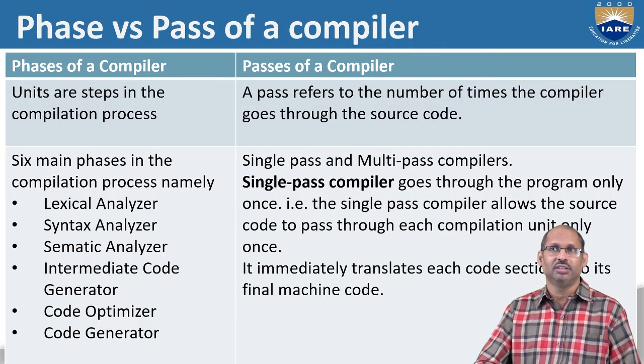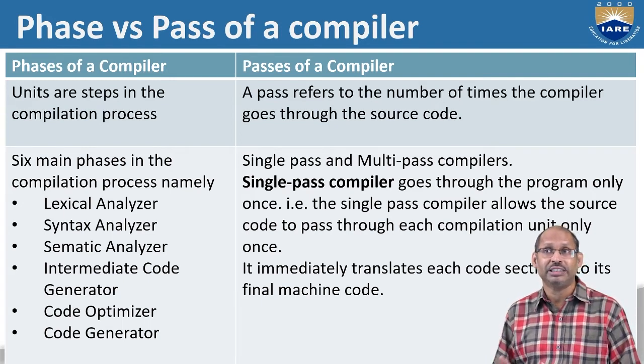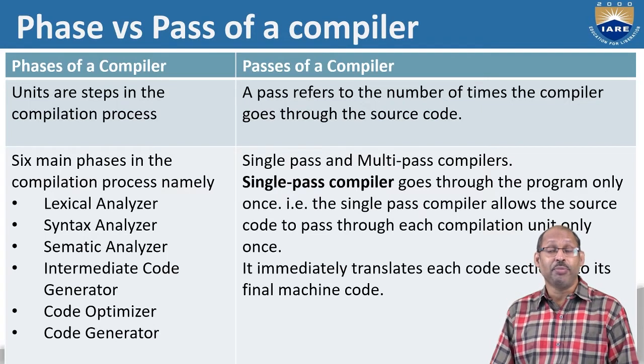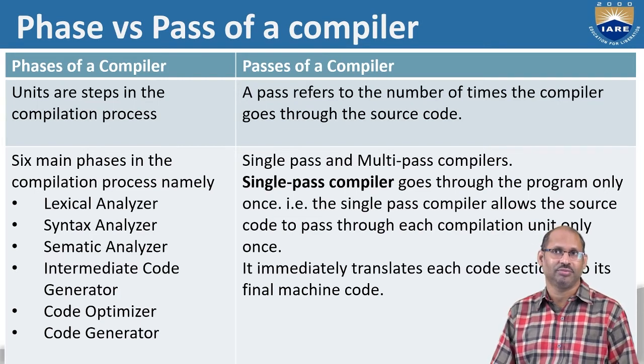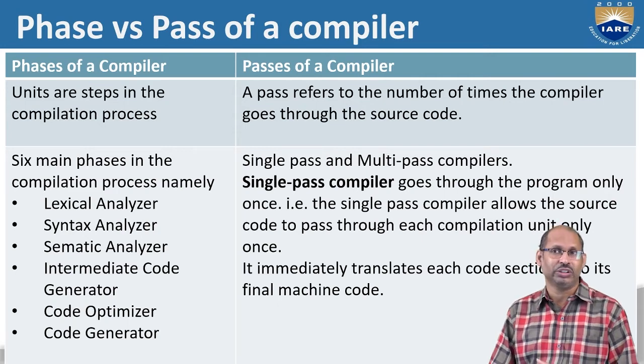Now we'll see the differences between phases of a compiler and passes of a compiler. Phases are the number of steps in the compilation process. The number of tasks, number of conversions, number of steps in the compiler.